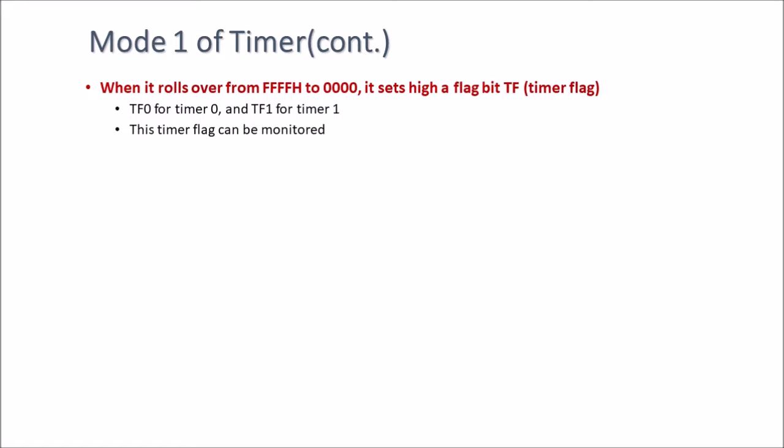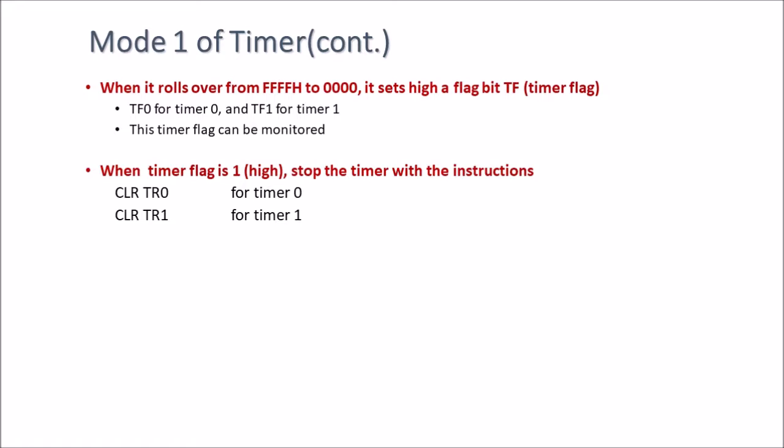Now user has to stop a timer. So using clear TR0 or TCON.4 instruction, we can stop timer 0, and using clear TR1 instruction, we can stop timer 1. This completes the operation of timer. Now if we want to repeat this process, then we have to clear flag bit TF0 and TF1.